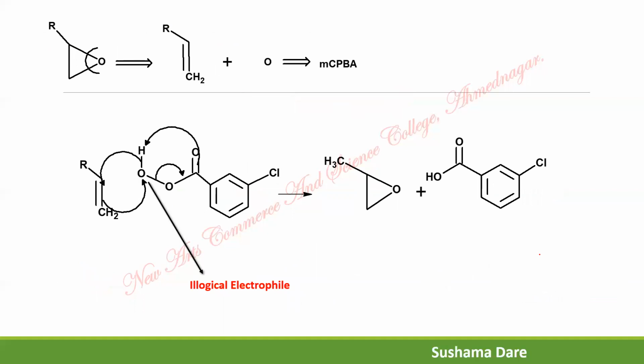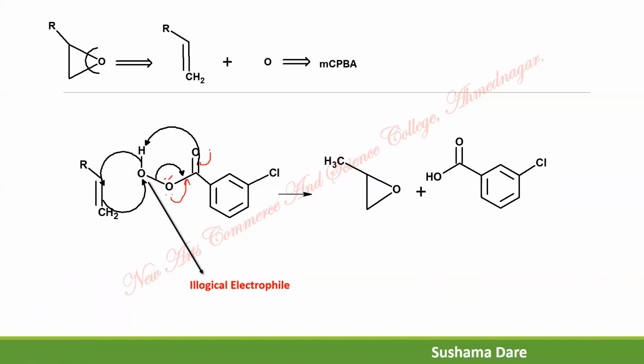Now this is the mechanism of epoxidation. Why is this oxygen called an illogical electrophile? The electron pair present on this oxygen undergoes delocalization like this.